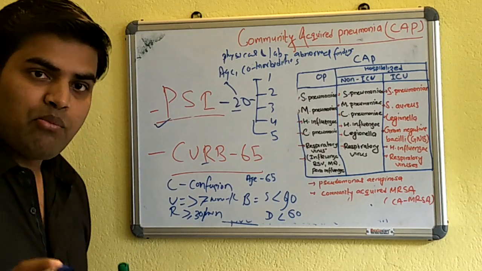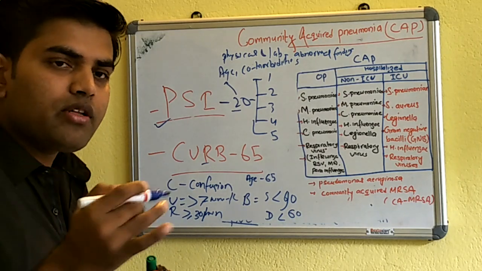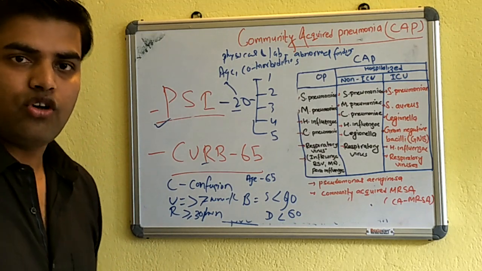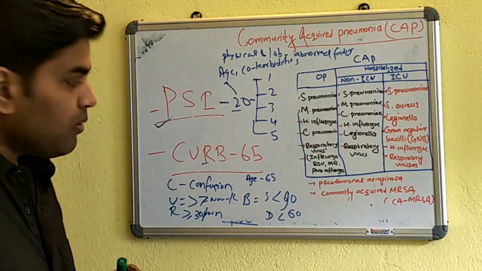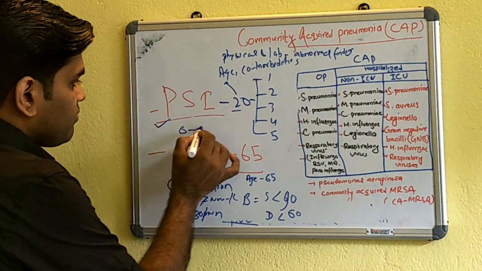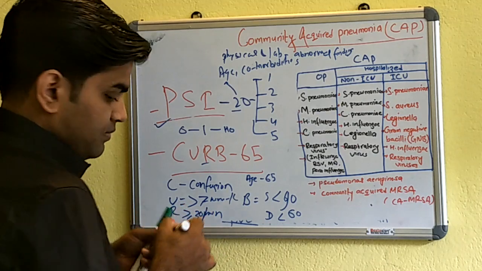Among the 5 points, if you have 0 to 1, then you can treat the patient as an outpatient, meaning in the home setting, out of hospital.